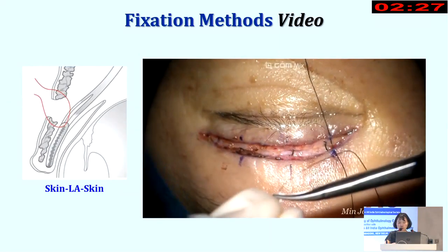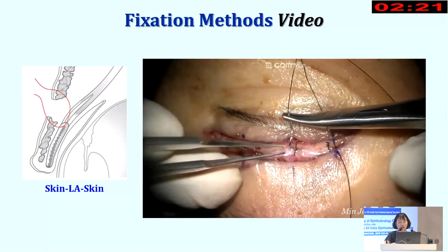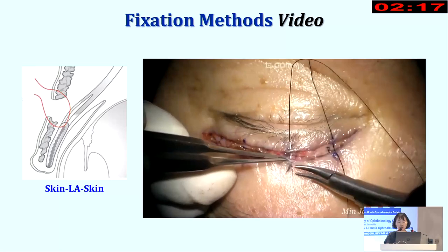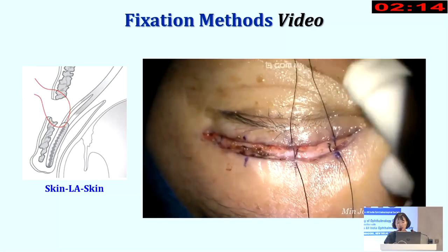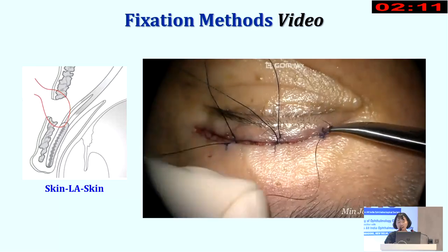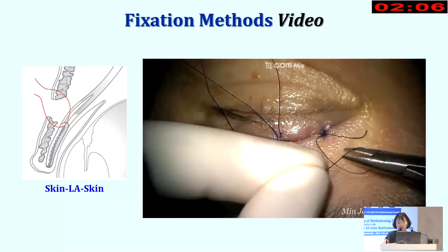And also you can make a crease with skin-levator-skin sutures. It is a very simple technique, and you can also close the skin simultaneously. I use this technique when the patient has a very thin eyelid or additively to other techniques.